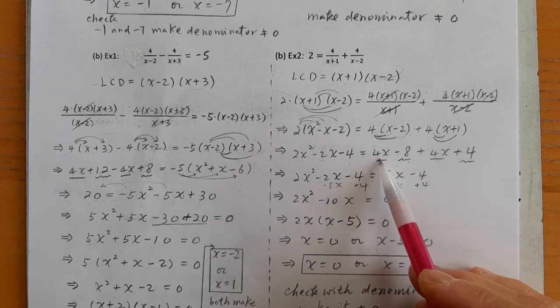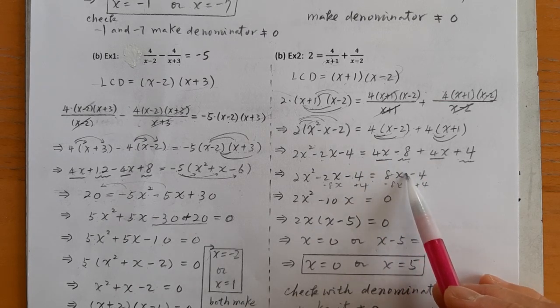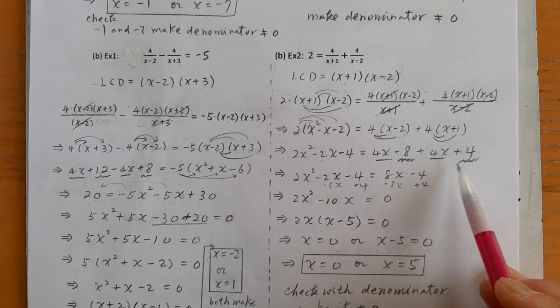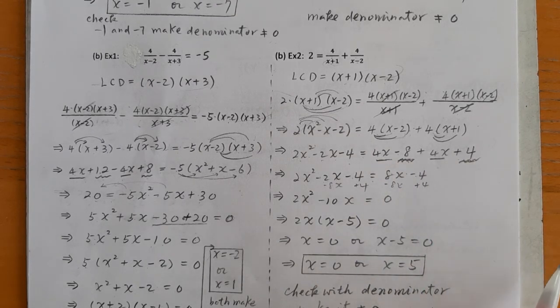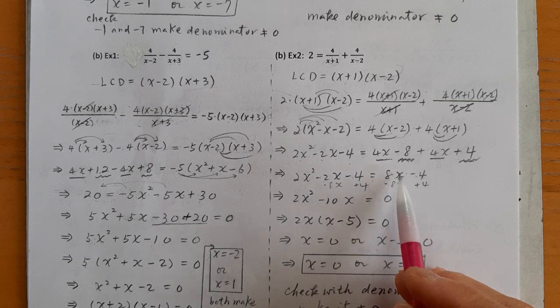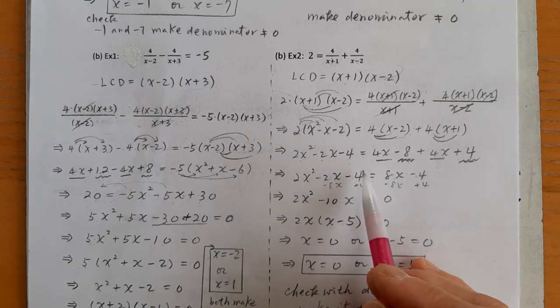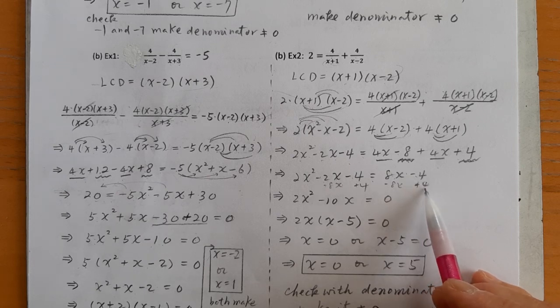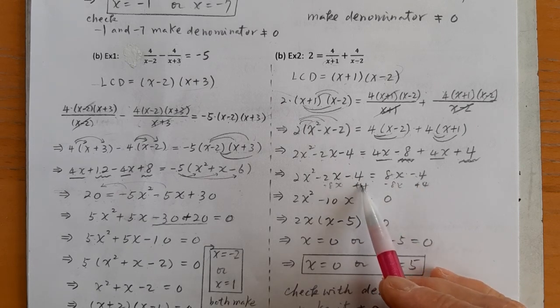The right side, 4x plus 4x is 8x, negative 8 plus 4 is negative 4. Then move the terms to the left and combine to make the right side 0. So you move 8x to the left, you subtract 8x, and then you add 4 to both sides.